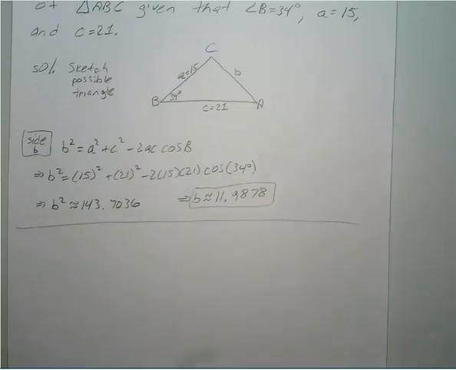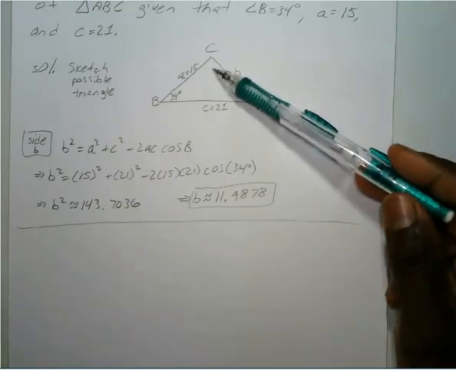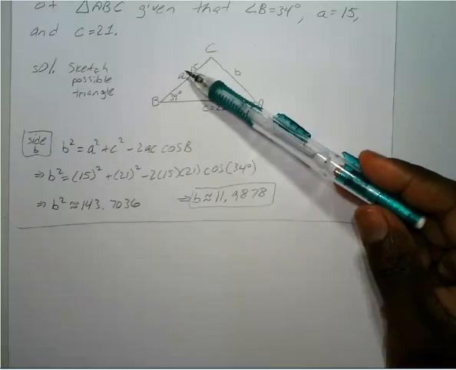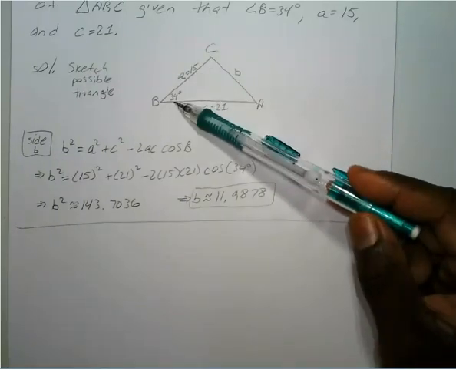you're probably looking at it thinking, well, couldn't we use law of sines to solve for angle C since we have side A, side C, and angle B?